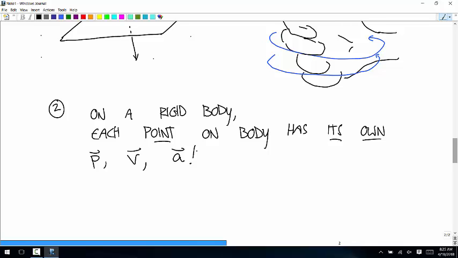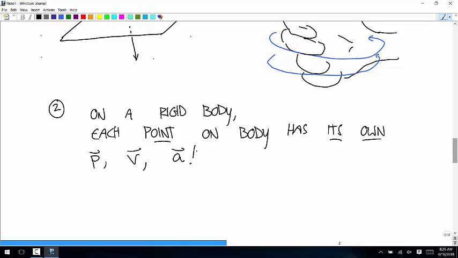So if you have something spinning around, well, first think about something like a Ferris wheel. Okay, think about a Ferris wheel as a rigid body. At the axis that it's rotating around, that point doesn't have any velocity or any acceleration. It's staying right there. But other points are moving around in a circle, and they're moving around in a circle at different speeds.